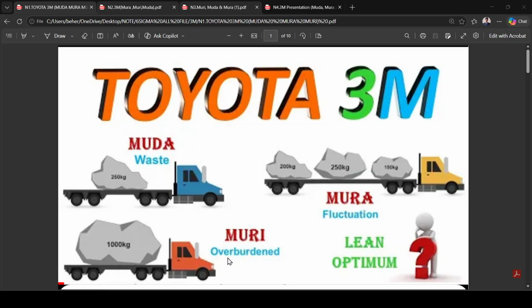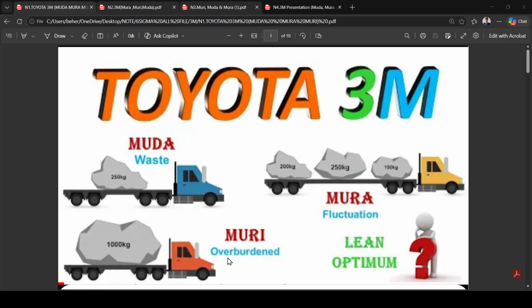For example, in a production line, one worker is very busy while another worker has no work. This imbalance is called Mura. One more example: if one day production is 200 units and the next day only 50 units, this fluctuation creates confusion, delay and inefficiency.